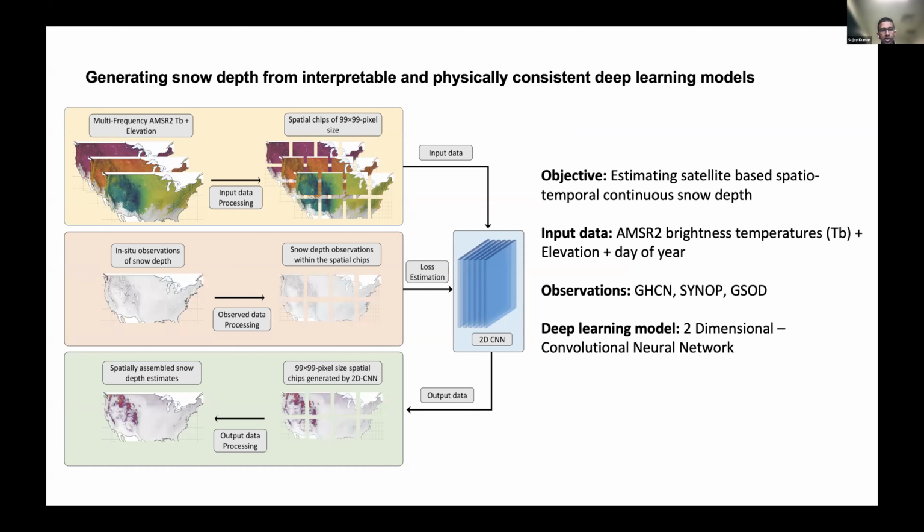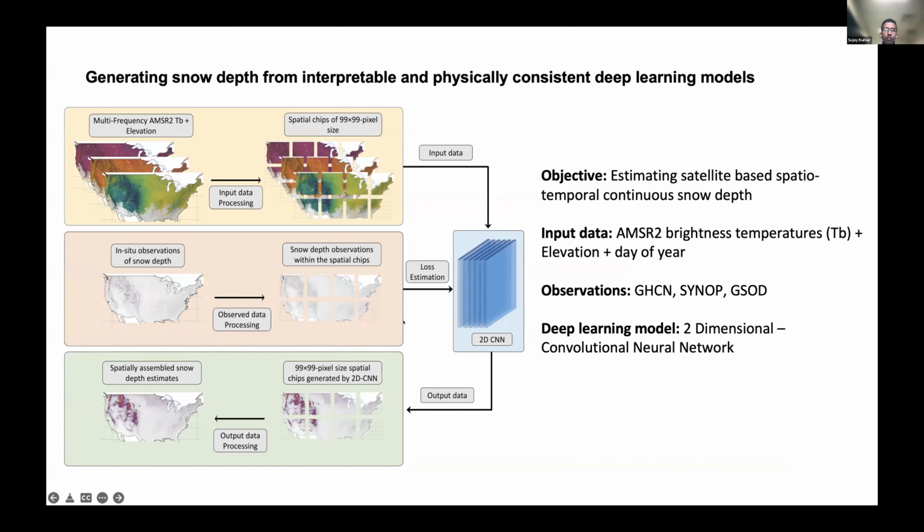Convolutional neural networks are typically used for image classification or image analysis, and even if gaps exist, they are typically temporally invariant. With remote sensing and in situ measurements, the gaps keep changing all the time. That was some of the difficulty that we had to overcome.